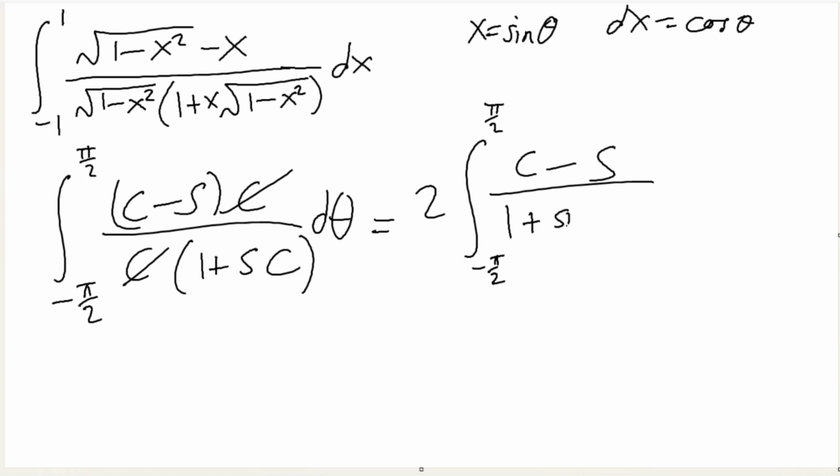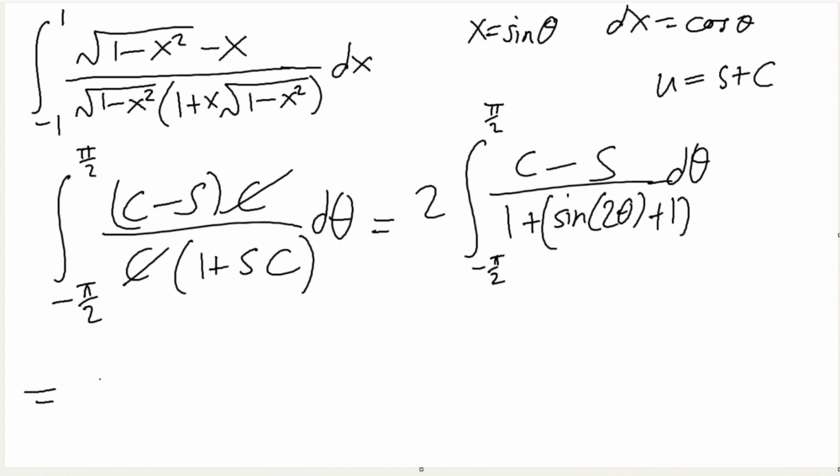We get sine 2x, sine 2 theta technically. Aha. And now what is this? Oh, I'm sorry. There you go. That's how it's supposed to be. So now, this is let u equal sine plus cosine, right? 1 plus u squared du.